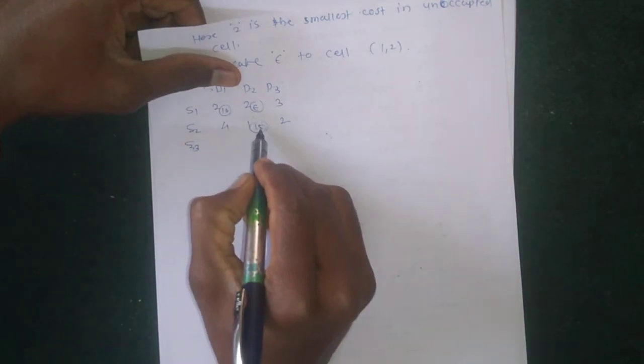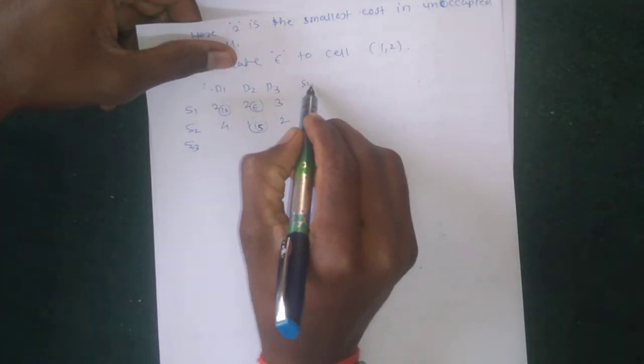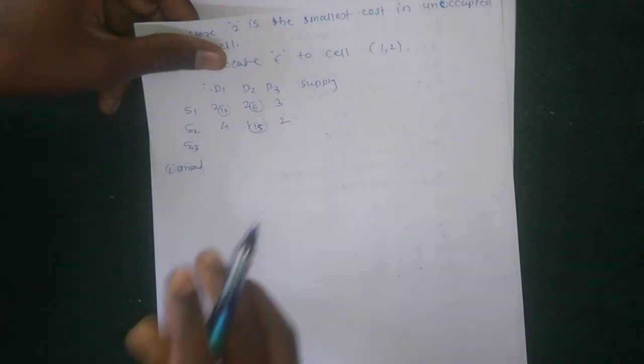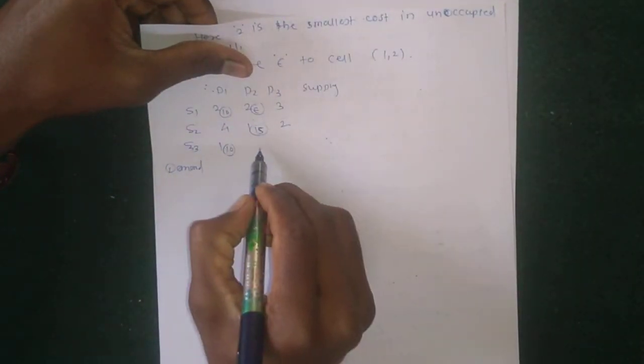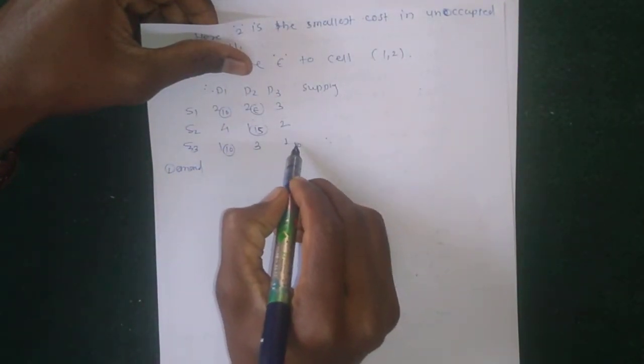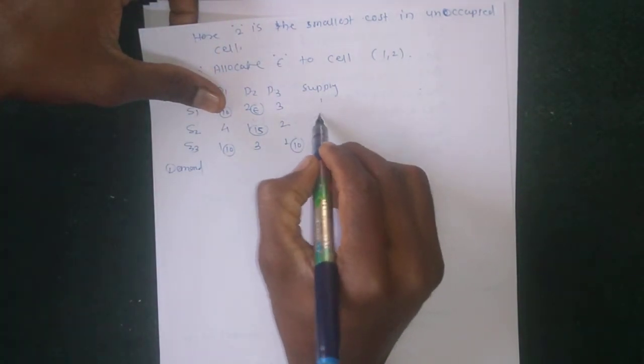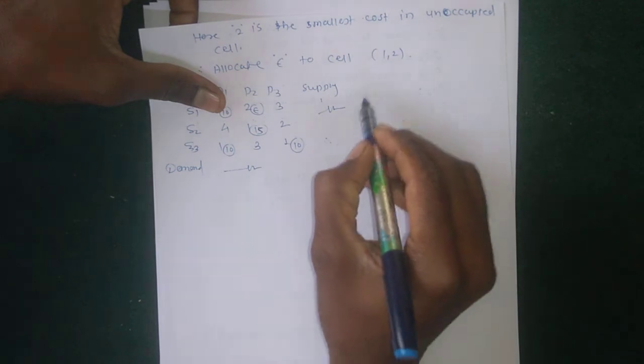So their allocation is 15. Here supply and here demand, and supply right as it is. S3 is 1 3 1. Okay, and now here take this as it is. Supply and demand right as it is.